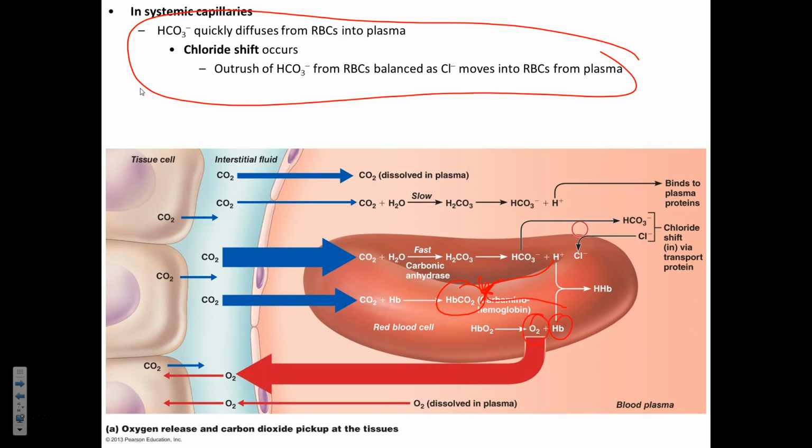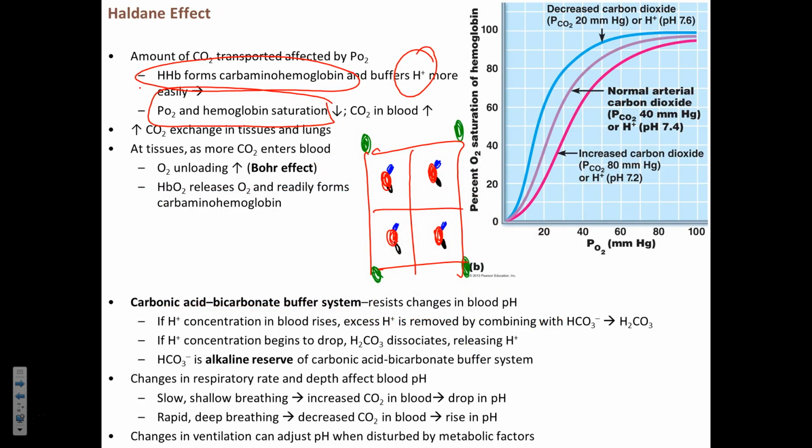Unloading of oxygen will increase, and unloading of oxygen leads to lower oxygen concentrations in the blood and decreased hemoglobin saturation. Okay? Which actually means that CO2 concentration in the blood goes up. Sort of a progressive effect.